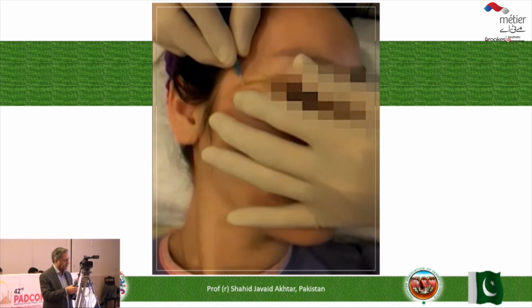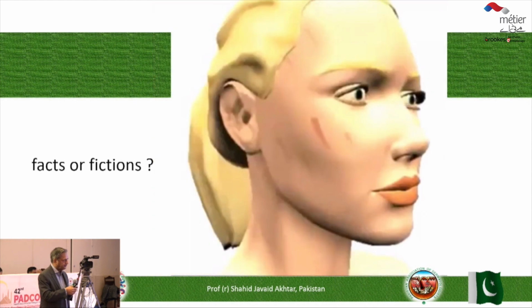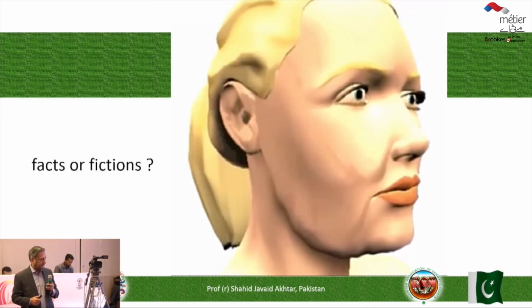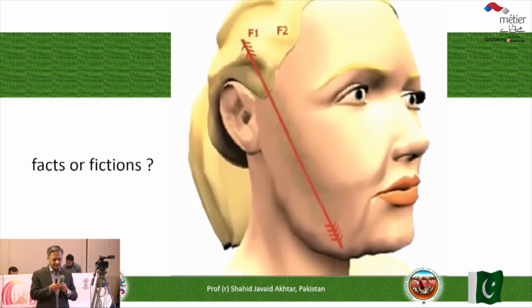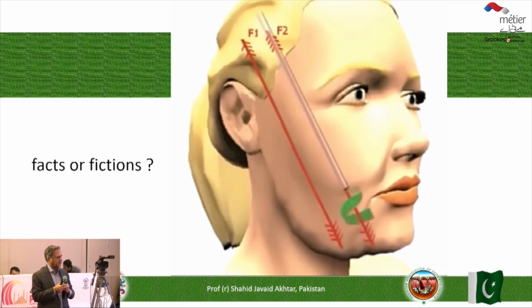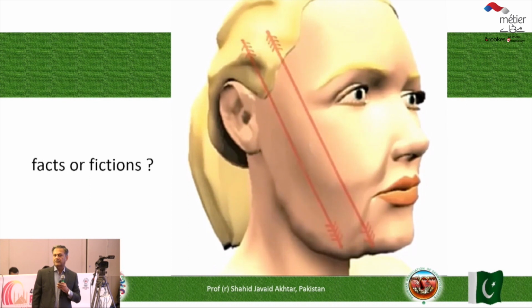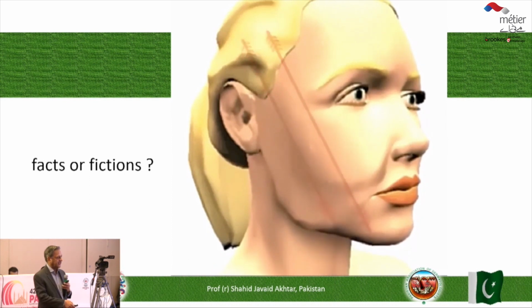And the other way of compensating these fat pads is to inject the filler. This is a very fascinating video. I have seen it about 7 years back, and it displays that you can lift the jawline with these lifting or so-called repositioning threads. But this actually is not factual. It's more of a fiction.